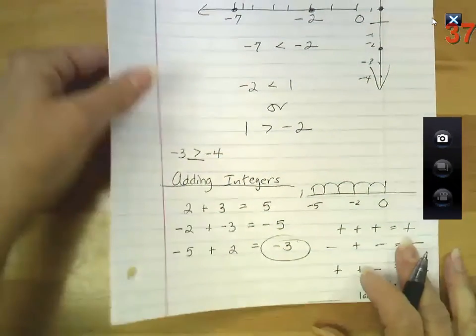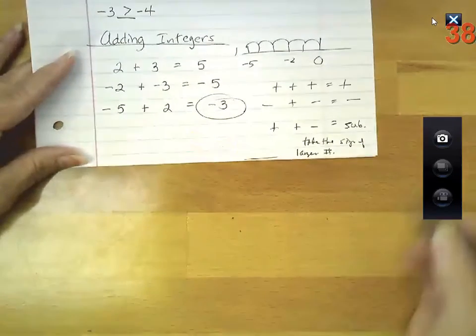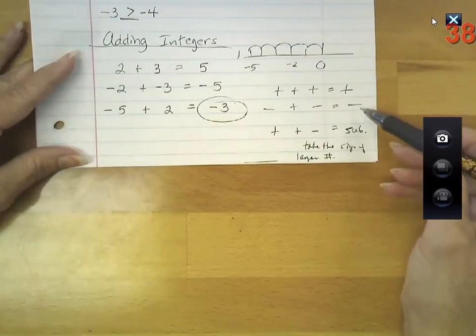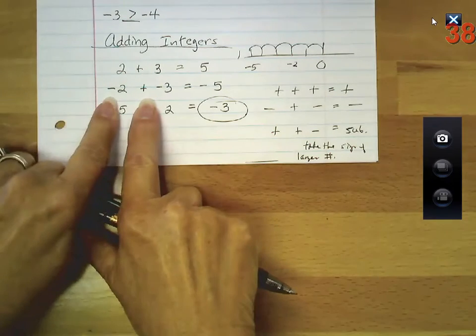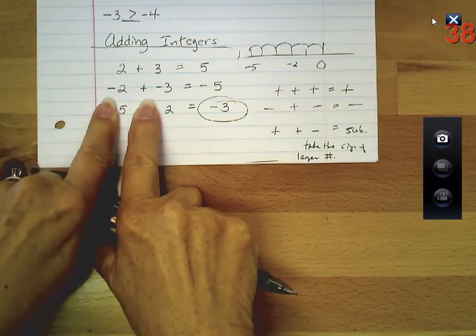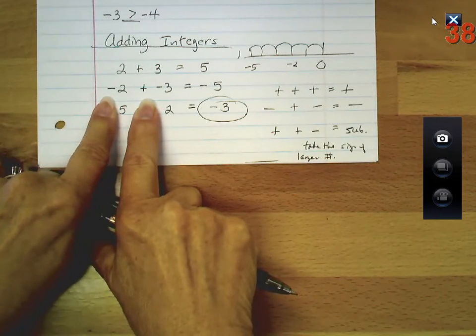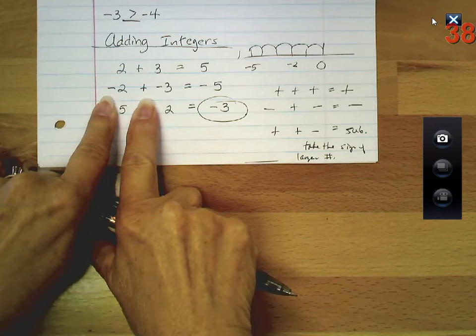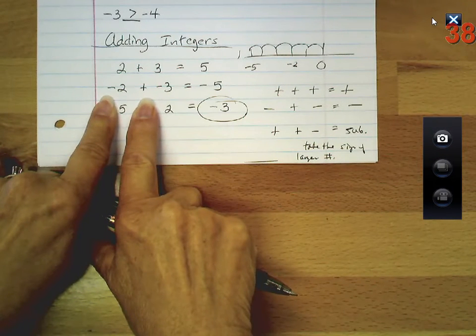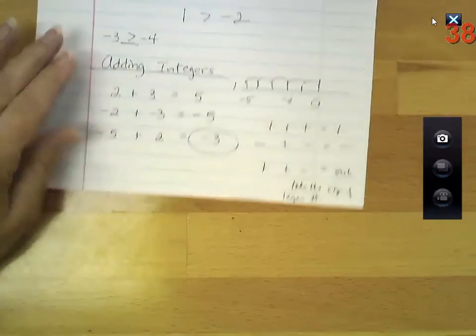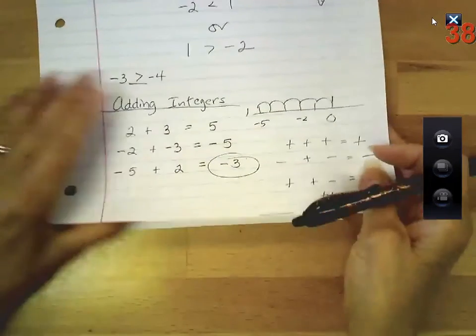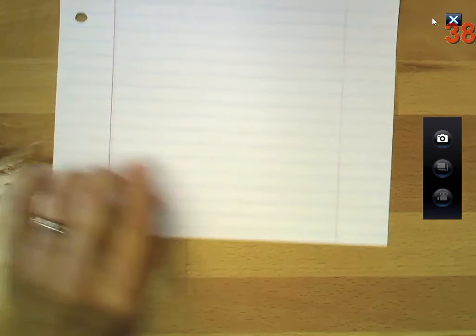Okay, let me move this up. Okay, so positive plus positive is positive, negative plus negative is negative, positive plus a negative, you're covering up the signs and just looking at the base number or the absolute value of it. So 5 minus 2 is 3. 5 is a bigger number, so it's a negative. You can also think about it on the number line or however you want to do it. But anyway, that's a rule for adding integers.